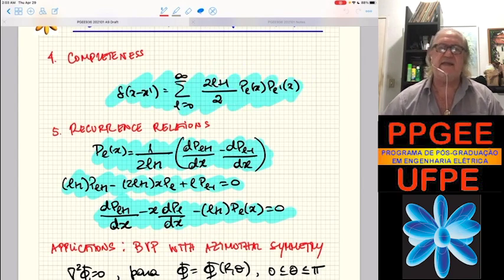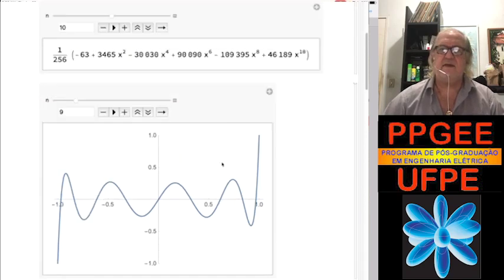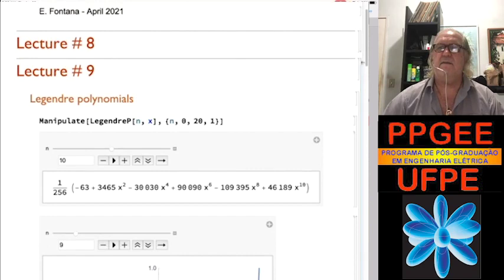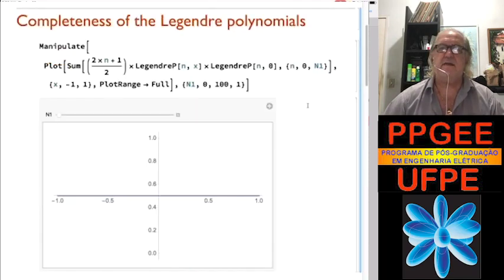Let's see completeness, how it works in practice, right? Let's look at the completeness. So we have here the formula, right?